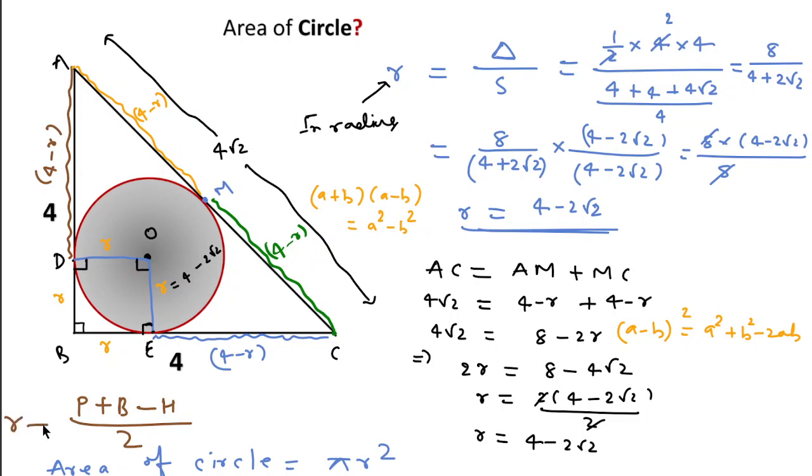This will be the inradius formula for a right angle triangle. When we have to find the inradius inside a right angle triangle, then this formula is useful. But for any triangle, the earlier formula is used. So memorize these two formulas, which are very useful.